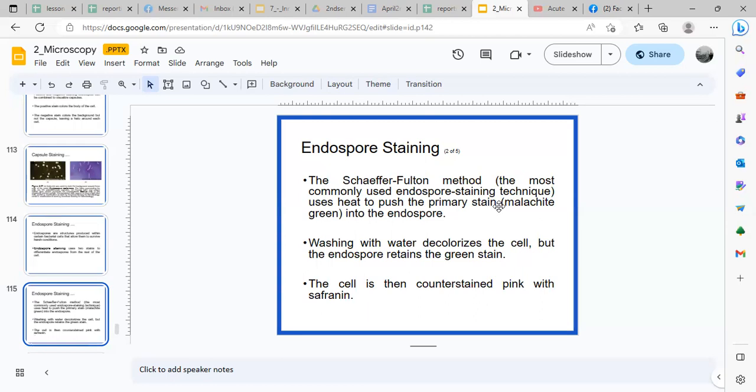In this technique, you use two stains to differentiate endospores from the rest of the cells. So the most used endospore technique is the Schaefer-Fulton method. So in this method, you're going to use malachite green, which goes into the endospore. Okay. So washing with water decolorizes the cell, but the endospore retains the green stain.